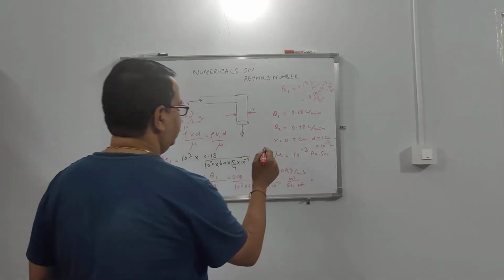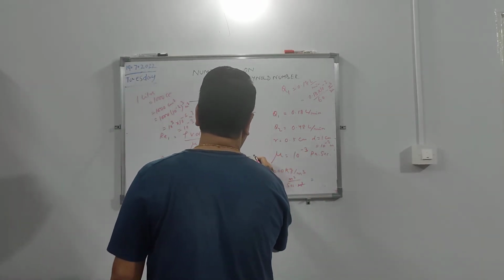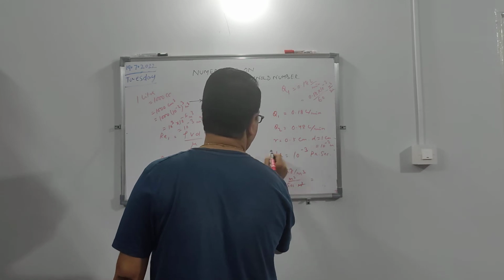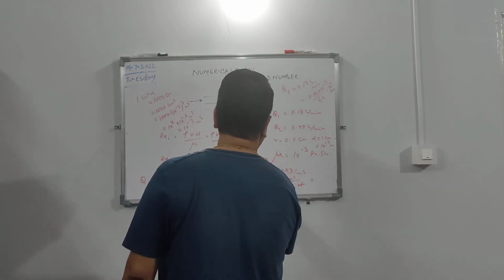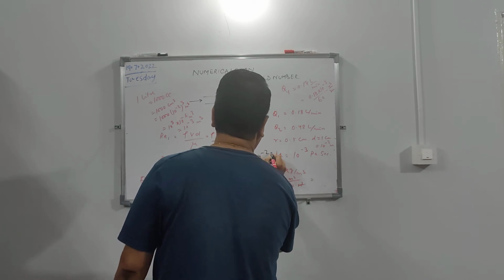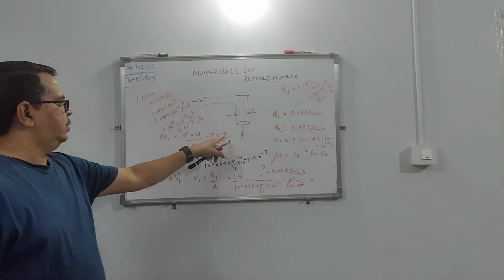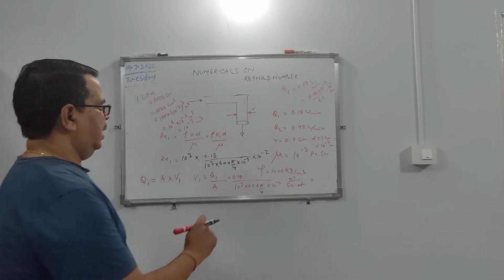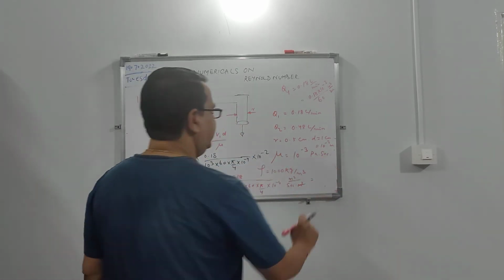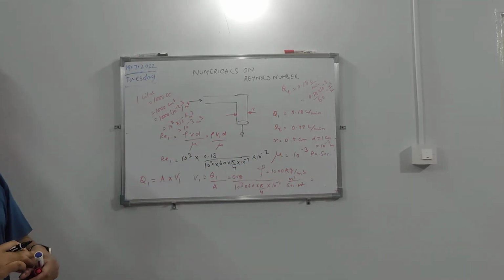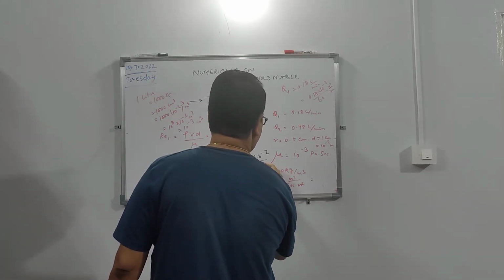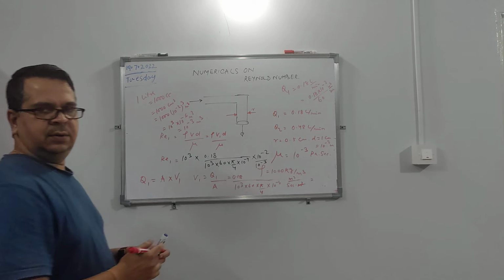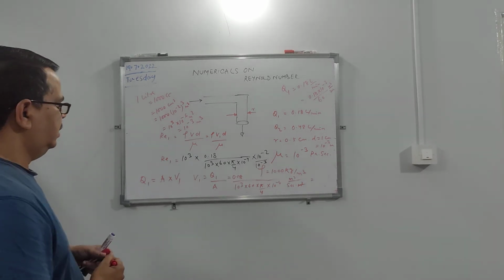Then your diameter is 10 to the power minus 2 meter, which is 1 centimeter. So you have replaced rho, V1, D and it is already in SI units, so you have to divide it by 10 to the power minus 3 Pascal second.